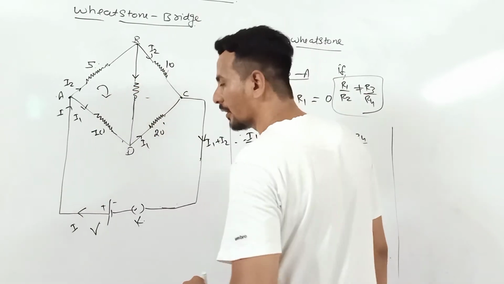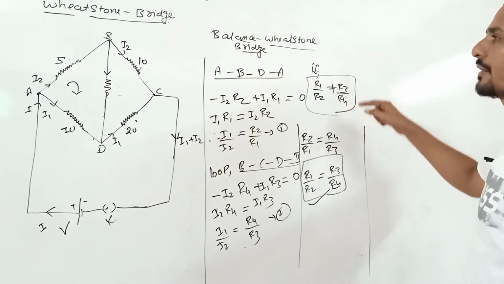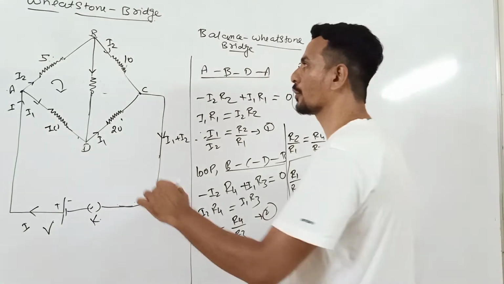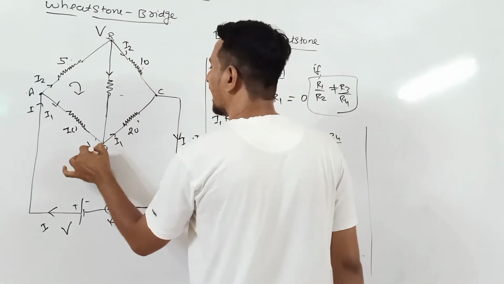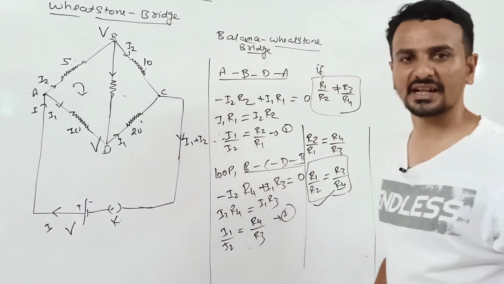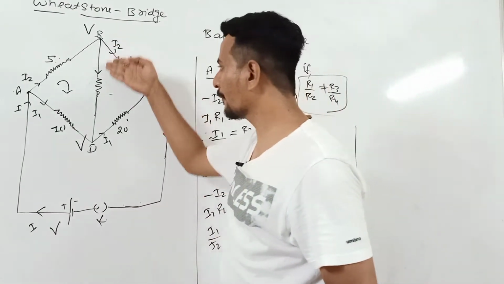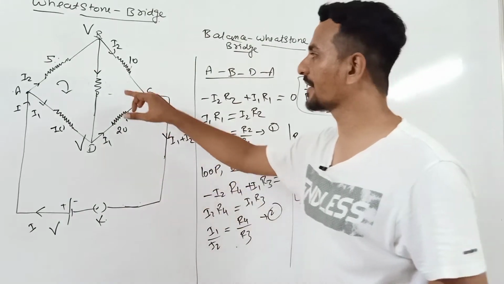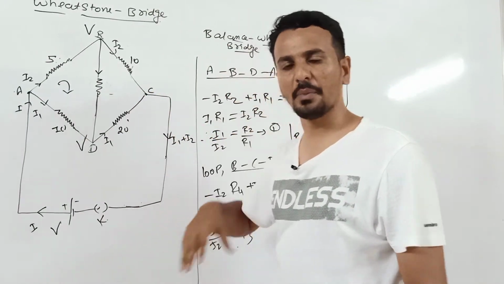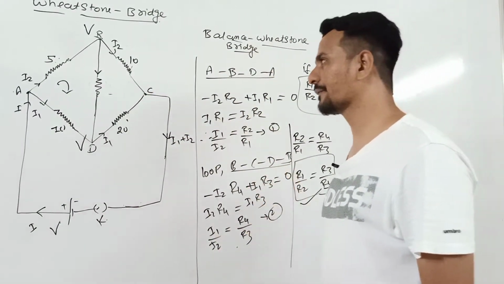You need to count it, because if R1 by R2 is not equal to R3 by R4, then automatically the potentials at B and D will not be equal. So current can flow through this branch, so you cannot avoid this resistance. It will be more clear after solving a few questions.